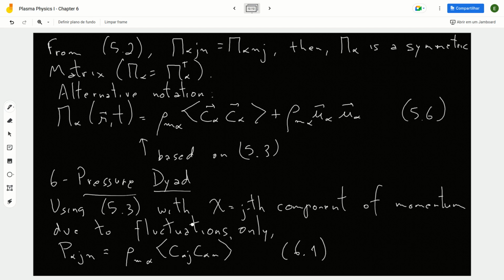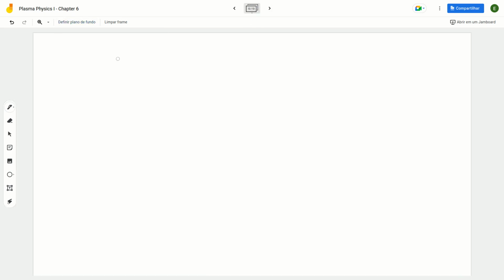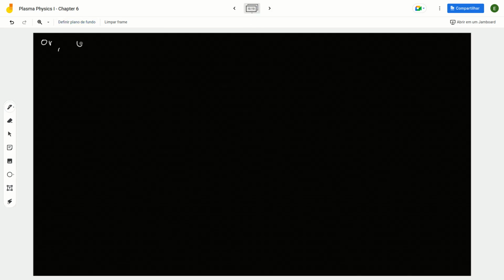Or if you use 5.6 here, this notation for the whole tensor, we don't have this part, so P alpha is equal to rho m alpha C alpha C alpha.